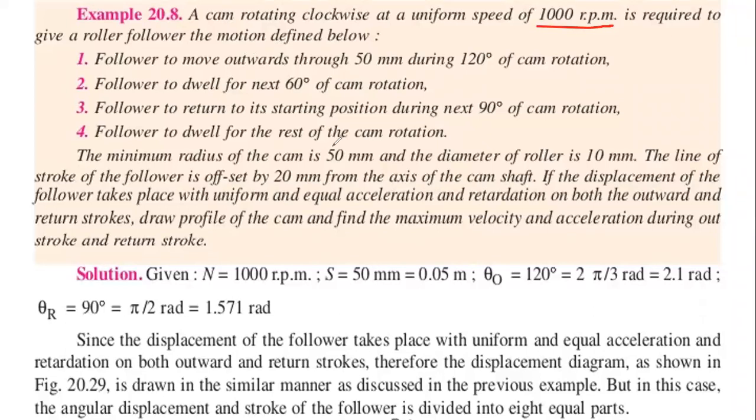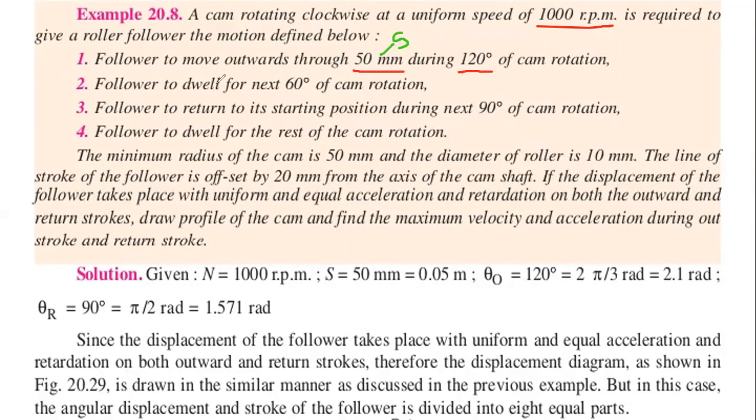The follower moves outwards through 50 mm during 120 degrees of cam rotation. So this is the stroke length, S, 50 mm, taken during the outstroke angle of 120 degrees.